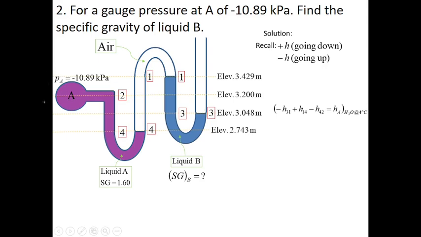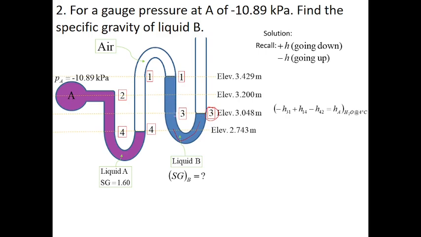Okay? We started at point 3, no? So if we started from point 3, this is the fluid, which is liquid B. So we have 3 going down, then going up. So that will be neutralized, no?